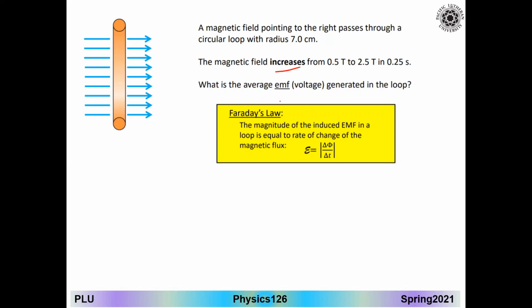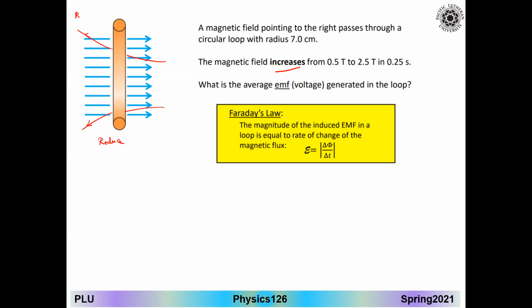Before we calculate that, we start with Lenz's law. Since the magnetic field increases, according to Lenz's law, the loop will oppose that increase. That means it generates an induced magnetic field pointing opposite to the original magnetic field, in that direction.